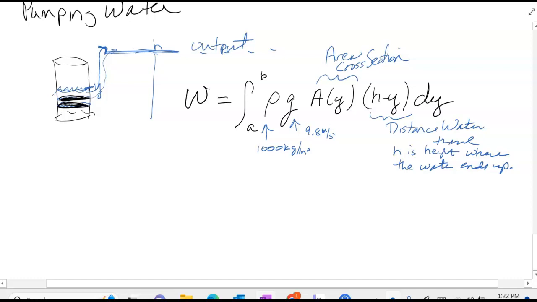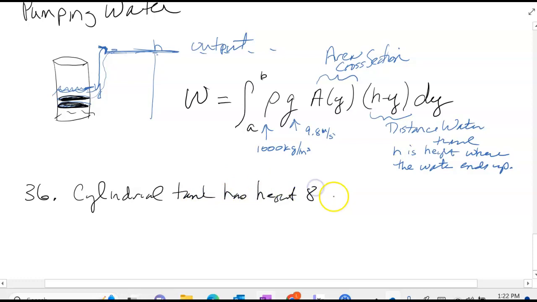For this one, let's take a look at, I think it's number 36. We're going to empty a tank. So we have a cylindrical tank of water, has height 8 and radius 2 meters.